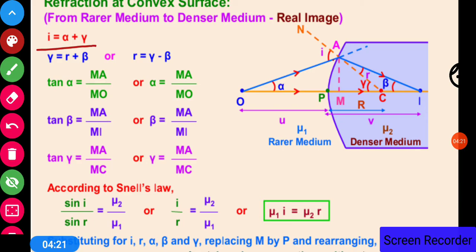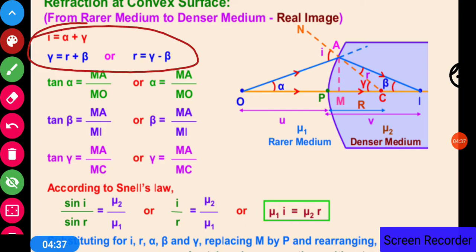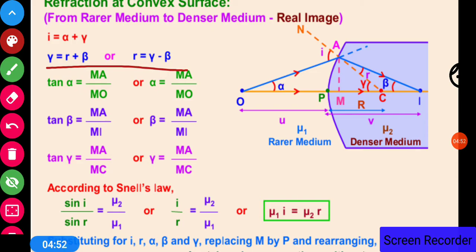Similarly, in triangle ACI, the exterior angle is gamma, so gamma is equal to r plus beta, or r is equal to gamma minus beta. If once you have made these equations I and r in terms of alpha, beta, gamma very correctly, then 80% work is done. So make these equations very carefully.